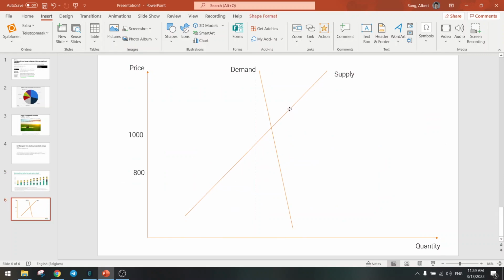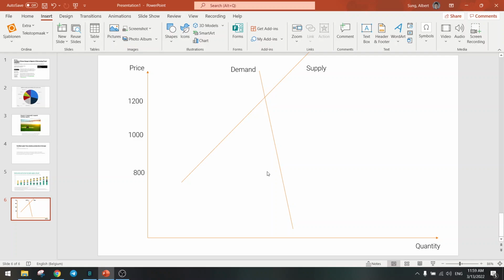So that's what's happening right now with Yara and all other fertilizer companies. The supply curve is rising. So then we get to 1,200 potash. And this is actually what's happening right now.